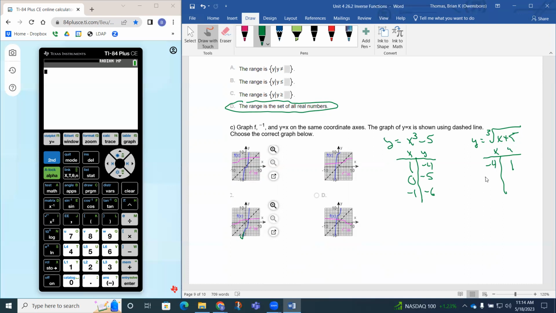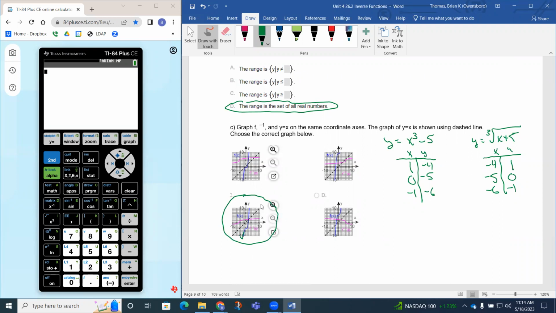If you put a negative 5 in, negative 5 plus 5 is 0, and the cube root of 0 would still be 0. And negative 6 goes in, notice that you should get a negative 1, because negative 6 plus 5 is going to be a negative 1, and the cube root of negative 1 would be a negative 1. So do we have a negative 4, 1 over here? Negative 4, 1. This looks pretty good. So that's kind of mirroring what we're talking about.